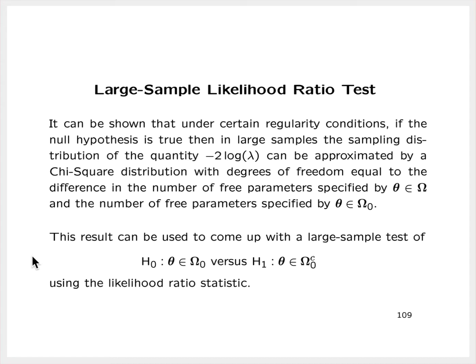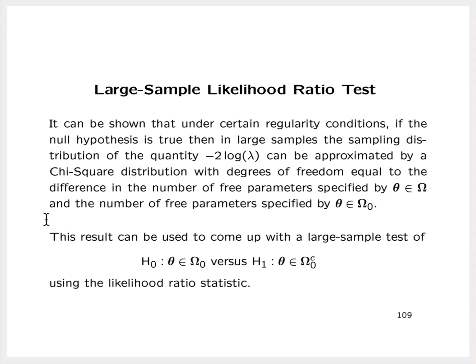Now, it can be shown that under certain regularity conditions, if the null hypothesis is true, then in large samples, the sampling distribution of the quantity -2 times the natural log of lambda can be approximated by the chi-squared distribution with degrees of freedom equal to the difference between the number of free parameters when theta is able to roam over the entire parameter space, and the number of free parameters specified by the null hypothesis.